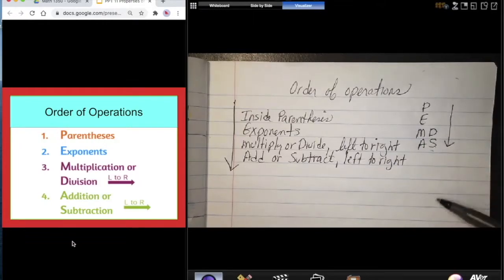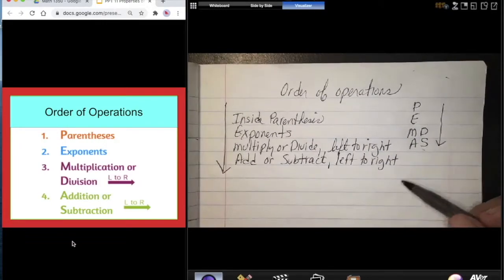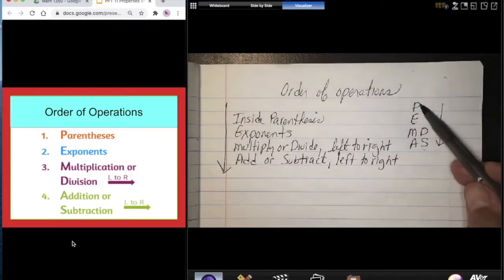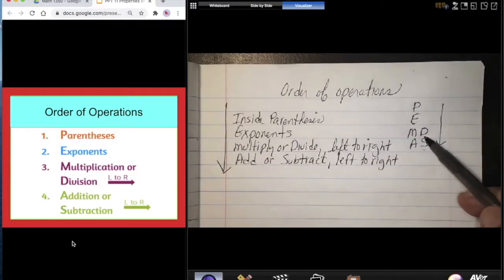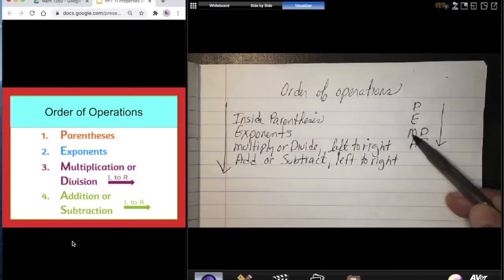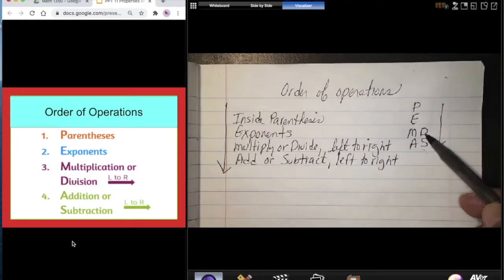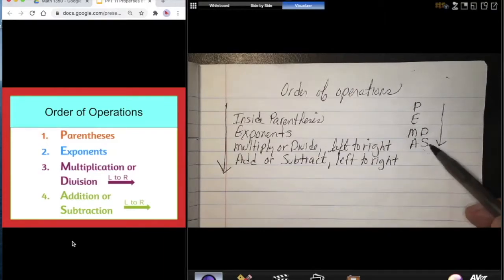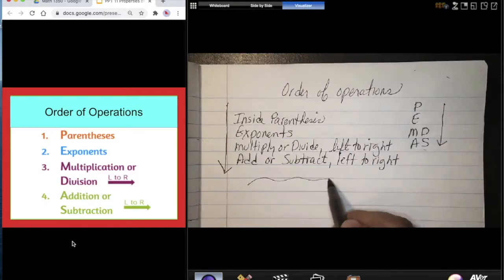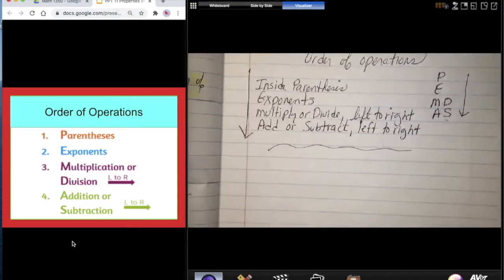So you could call it PEMDAS, or in the lower grades, we call it my dear Aunt Sally. Notice how the M and the D are next to each other. The D is not underneath because multiply and divide are at the same level. Same thing for adding and subtracting. Okay, so let's look at some examples.